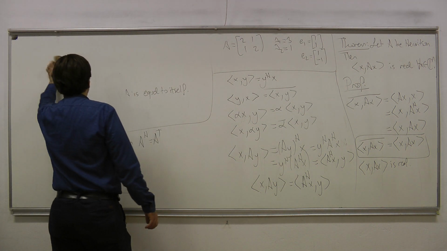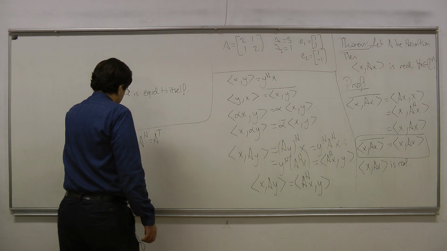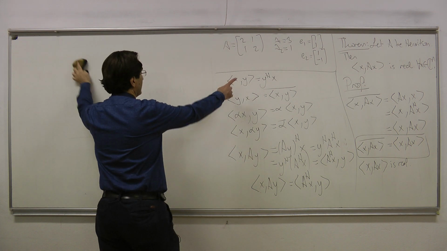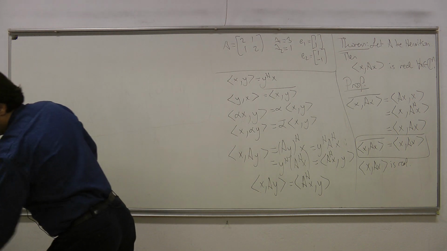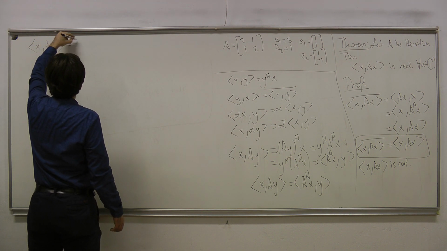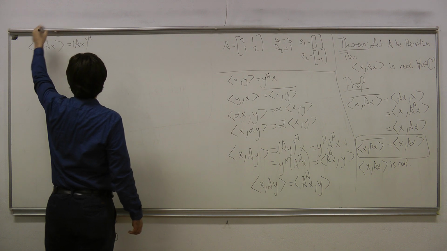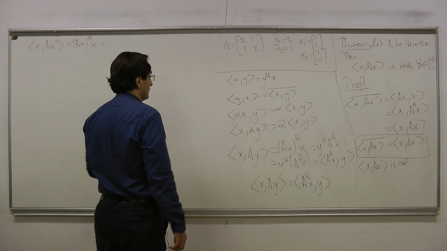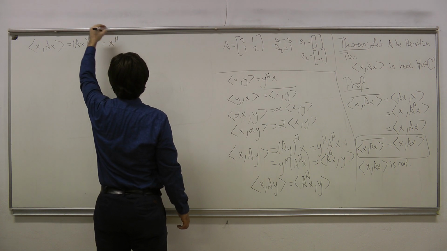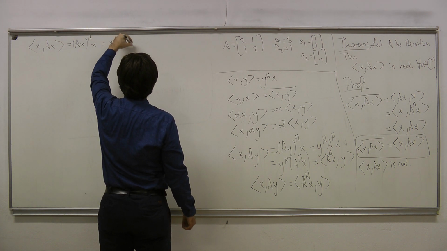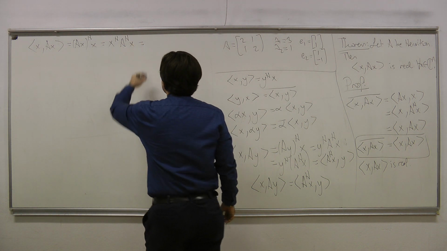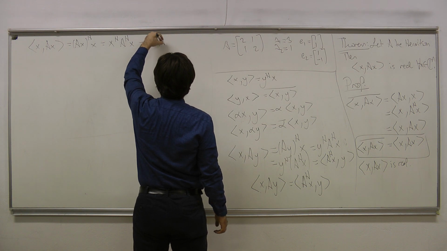So let us look at what X, AX is. I'm going to use the definition of this L2 inner product here. In this case, X, AX is nothing but AX Hermitian times X itself, according to this definition of the inner product. And that is X Hermitian, A Hermitian X. But A Hermitian is equal to A. As a result, I have X Hermitian AX.